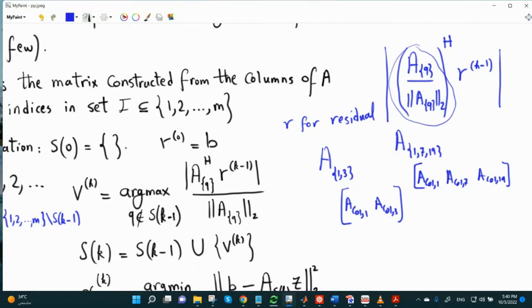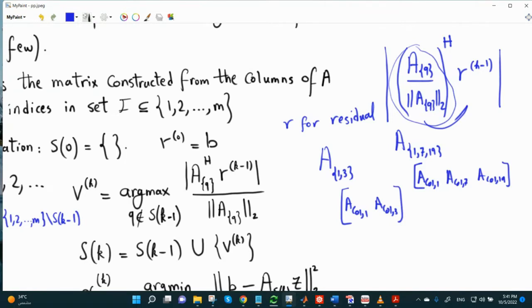And given that S of 0 at the very beginning is an empty set, now we will use the normalized columns of A. Each column is divided by its L2 norm, so that you get a vector whose L2 norm is unity. Then we will have the inner product between this normalized qth column of A and the residual R of k minus 1, and then we compute the magnitude.